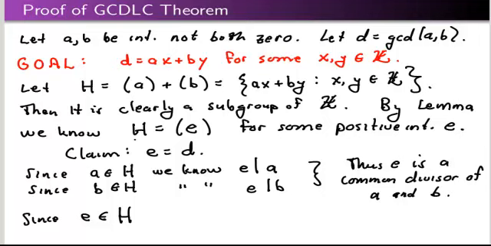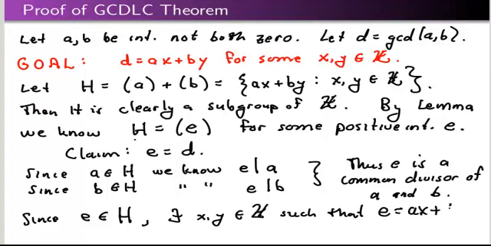And this is our definition of H right here. There exists X and Y such that E equals AX plus BY. And therefore, if you have any common divisor of A and B, it must be a divisor of E.